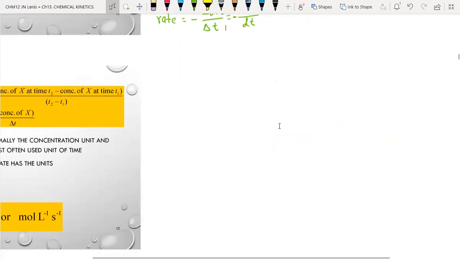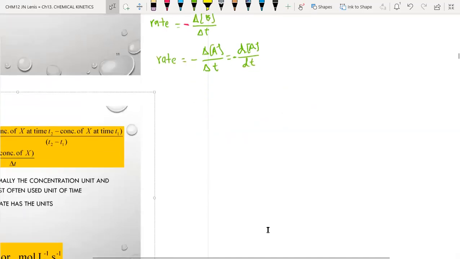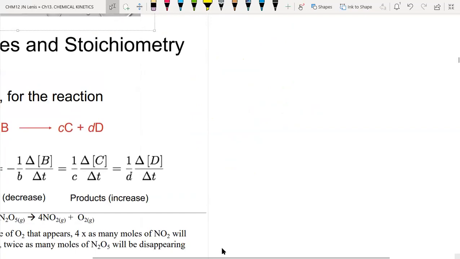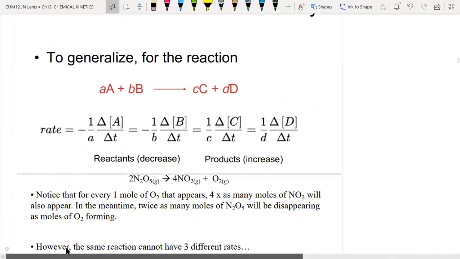So the relationship of the stoichiometric coefficients, I just lost my slide here. Let's move this here. Okay, where's the bar? There you go.